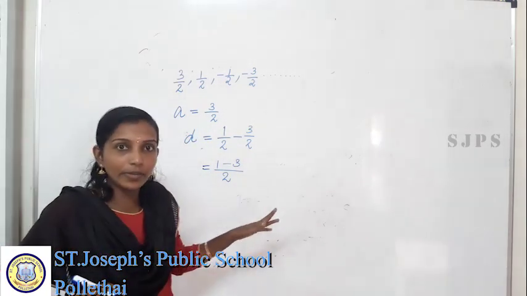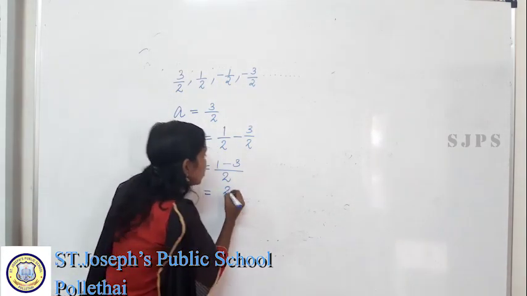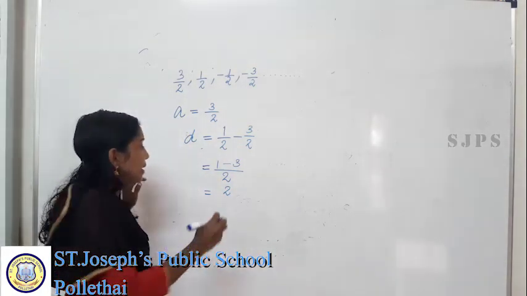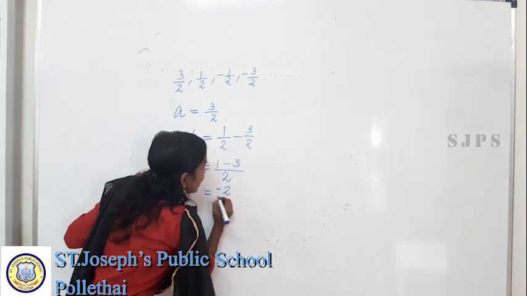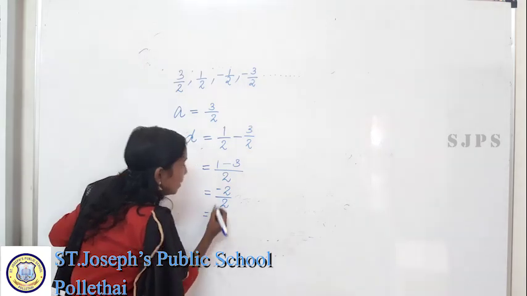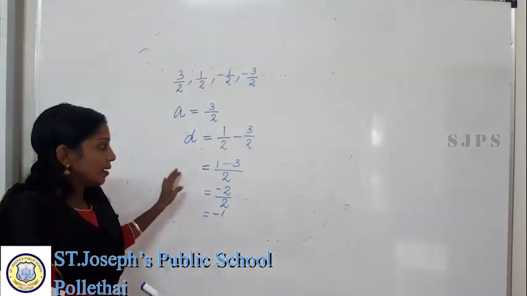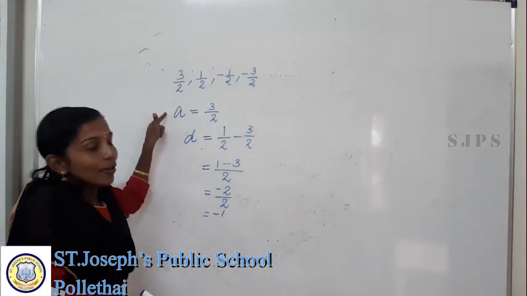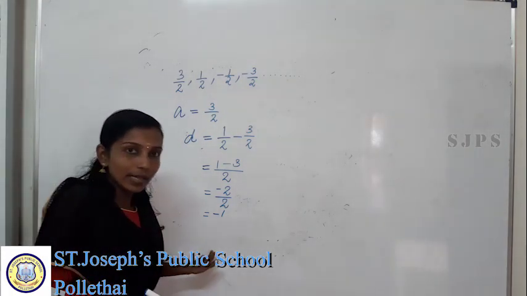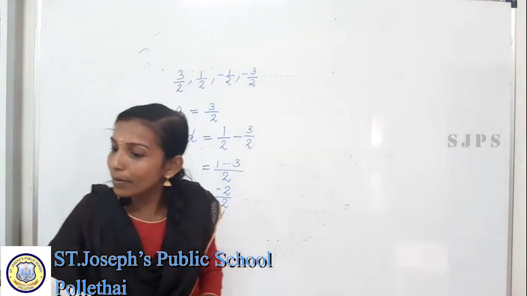What do we get here? 3 minus 1 is 2, and the larger number's sign is negative, so minus 2 divided by 2, which is minus 1. So here we get the first term as 3 by 2 and the common difference as minus 1.